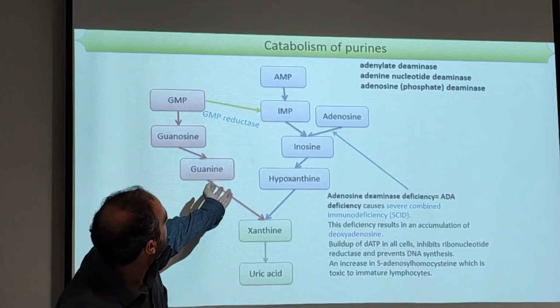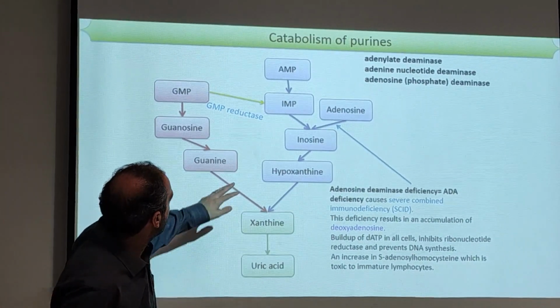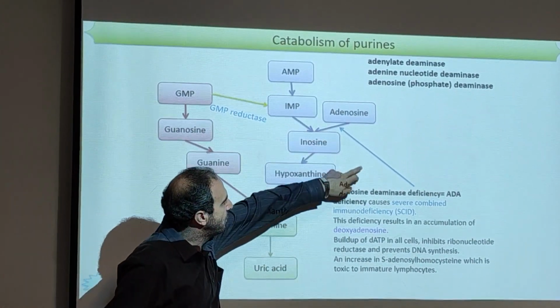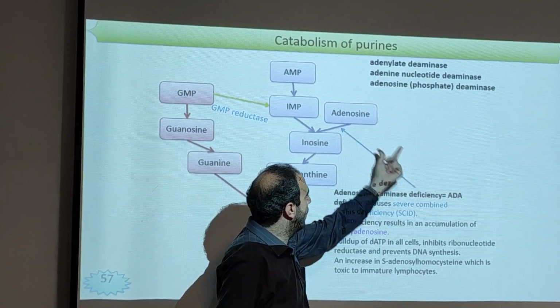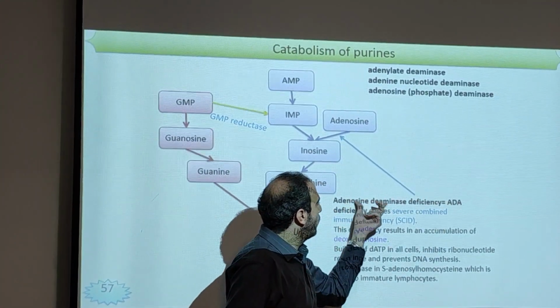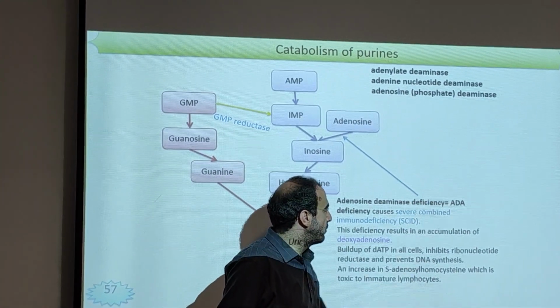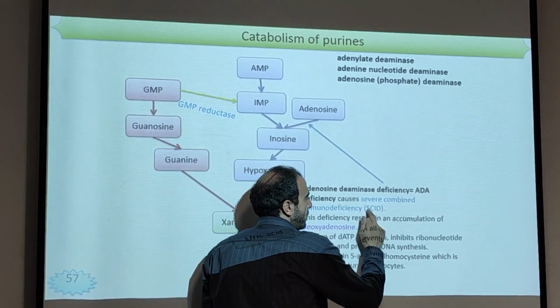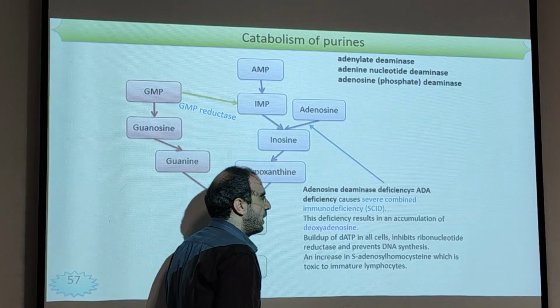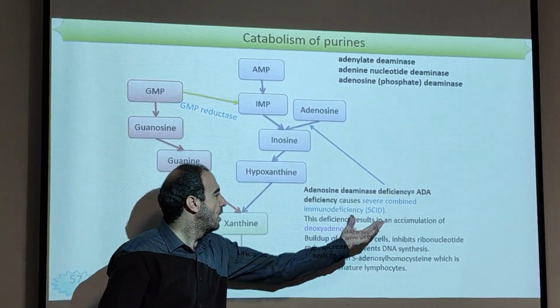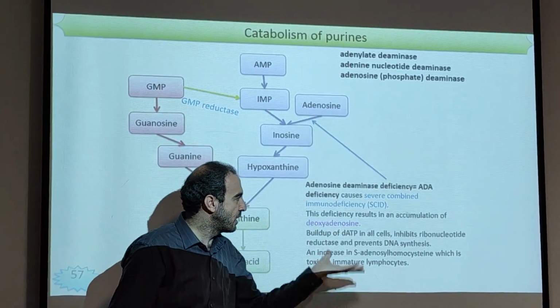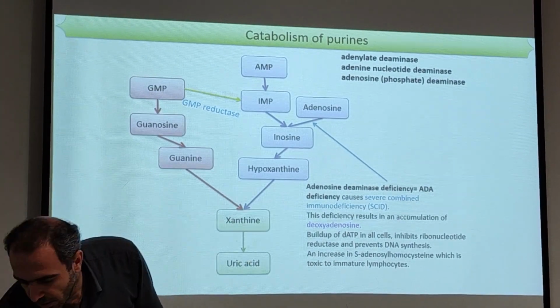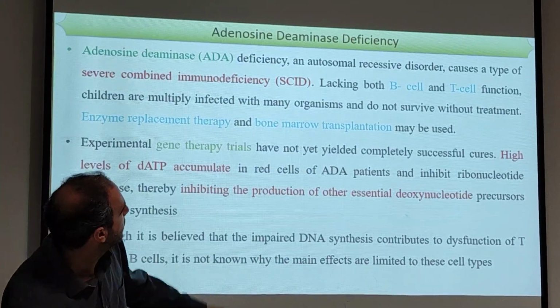And related to catabolism of purine, you saw that we need adenosine deaminase, or ADA. If we have adenosine deaminase deficiency, it leads to severe combined immunodeficiency, or SCID. Because deoxyadenosine is accumulated and ribonucleotide reductase is inhibited.